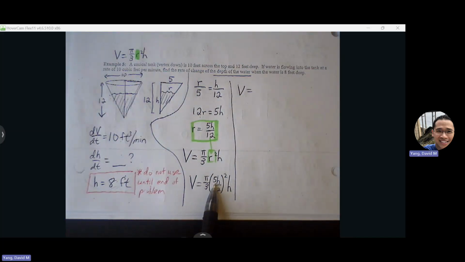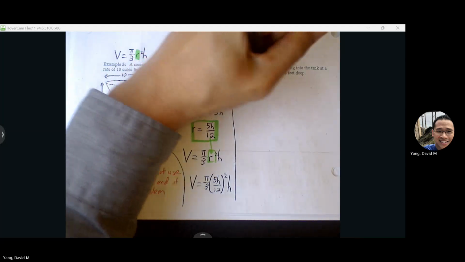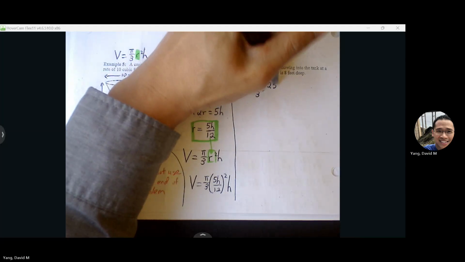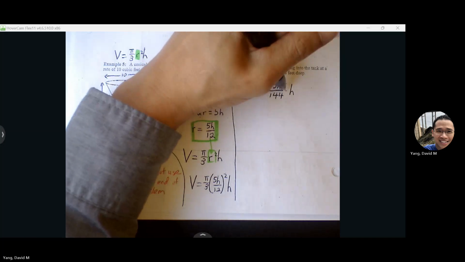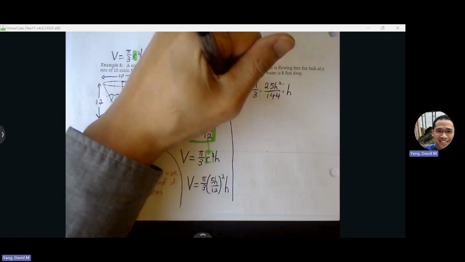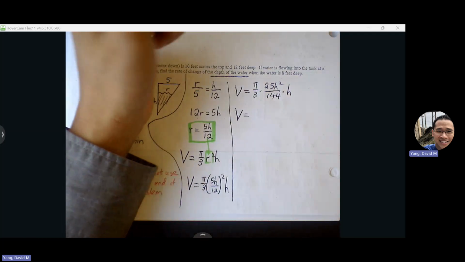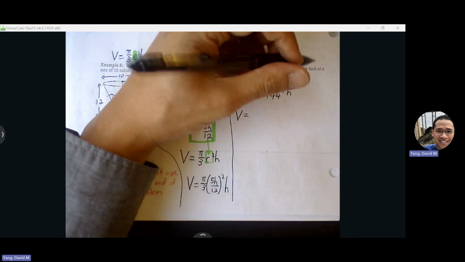So I can square the 5, square the h, square the 12. And I want to merge the variables together, put the coefficients together as well, so that my derivative should be an easy process. 3 times 144 ends up being 432.